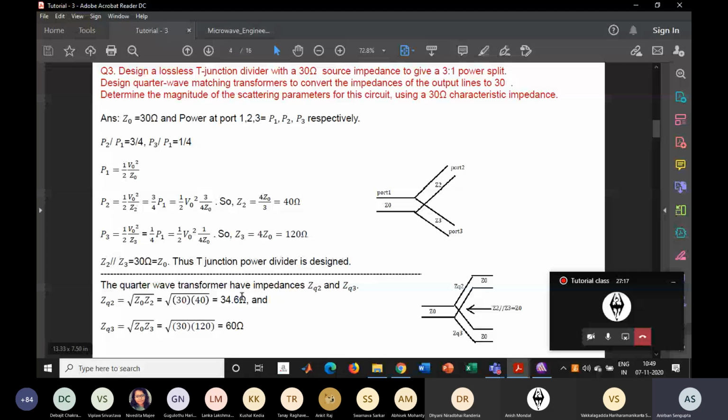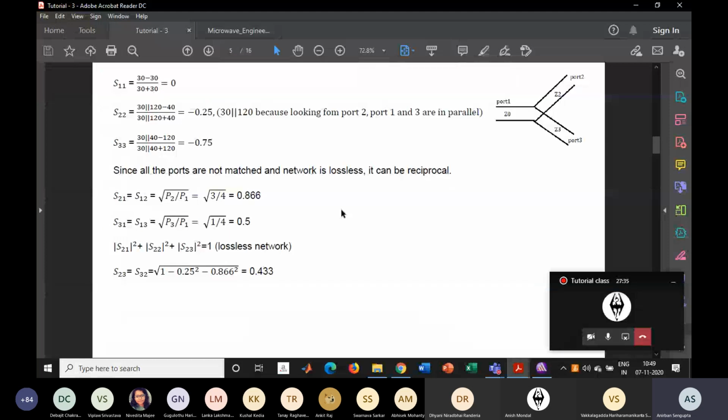So if we use matching, then we have to include this quarter wave transformer. But in the third part, they haven't considered that. They have said that both the ports are unmatched. It is also written here. So only the values that we calculate from the first part, that is Z2 and Z3, we consider for the calculation of the scattering parameters.